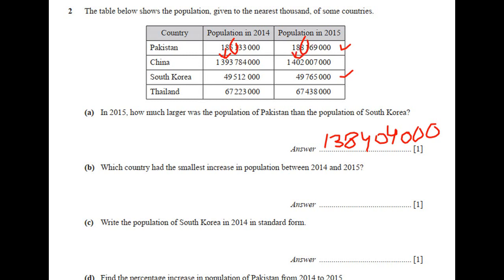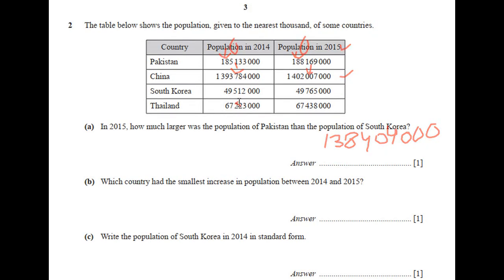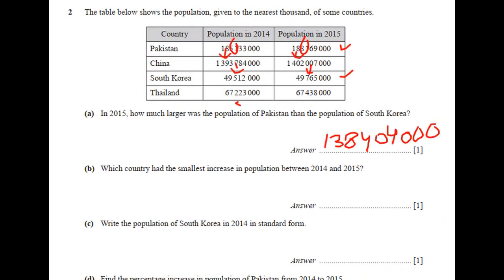For South Korea, this 5 is changing into this 7, so it's a relatively smaller increase. And same for Thailand, this 2 is changing into 4. So the competition is between South Korea and Thailand.